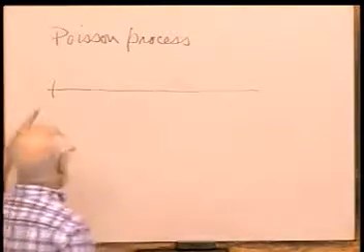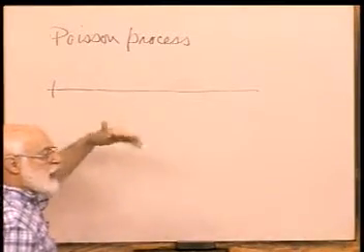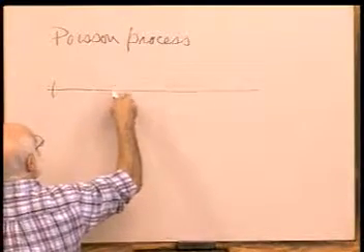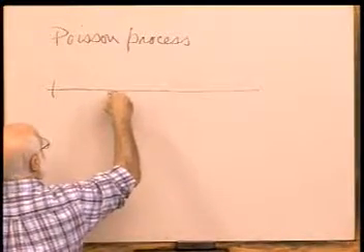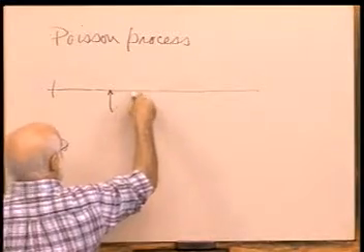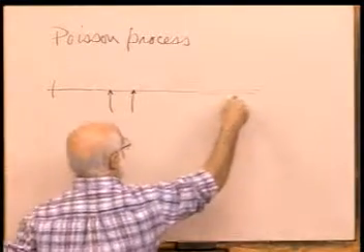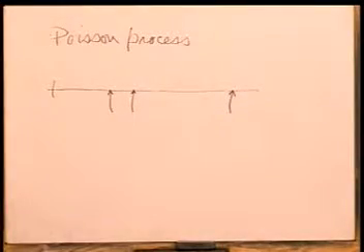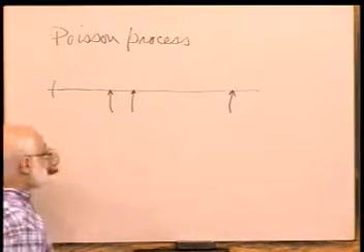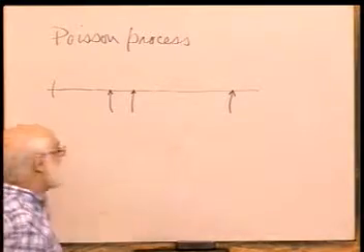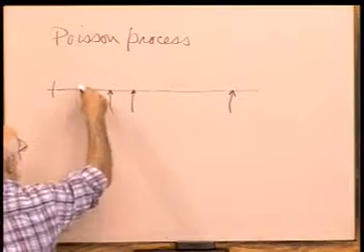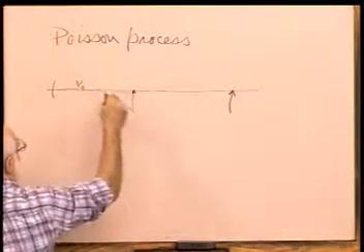So here's the idea. Imagine that some random process occurs. So let's say here's time 0, and then an event occurs. And I'll indicate that by an arrow. And then sometime later another event occurs. And then later another event. And these events occur at random, whatever that means. And the question we want to ask is, what's the elapsed time between these events? So for example, I can call that x1.